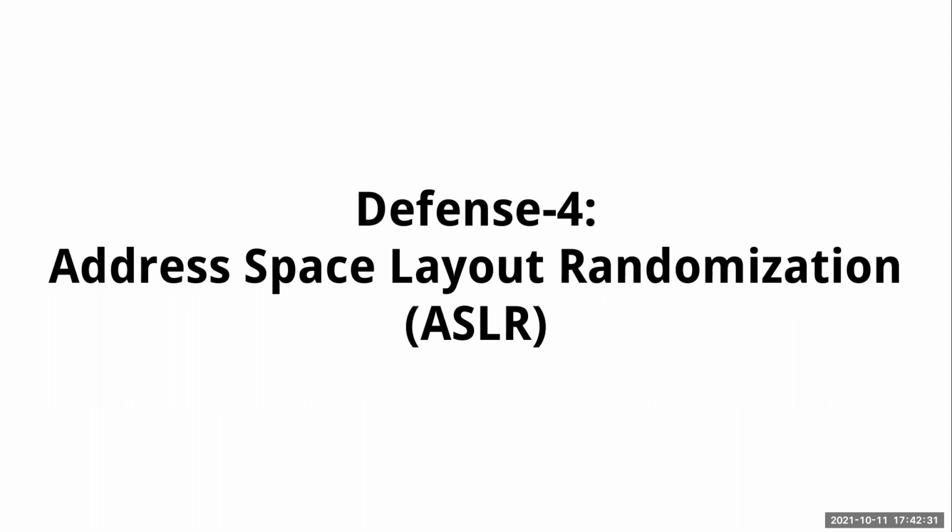So this ASLR has been deployed in modern operating systems. All our modern operating systems have this feature, no matter your laptop, your phone, your tablets. However, the low-end devices we use in our lab usually do not have those features.